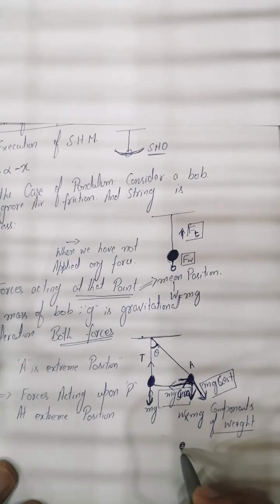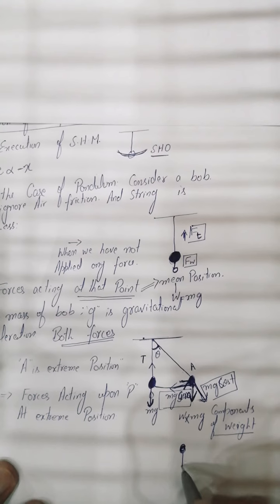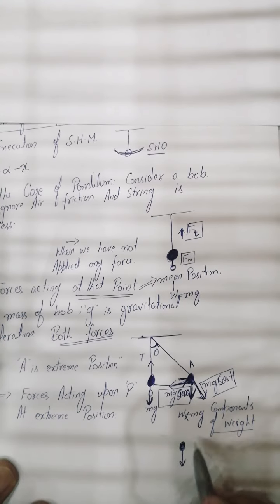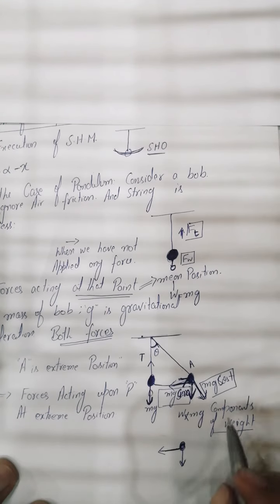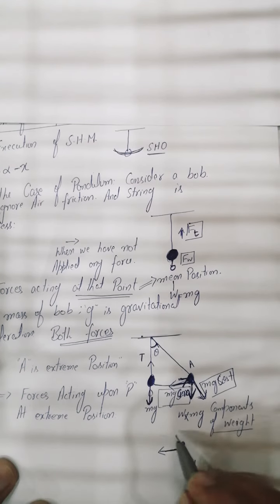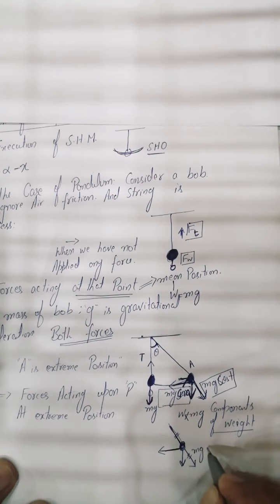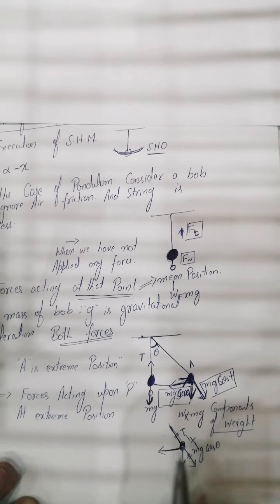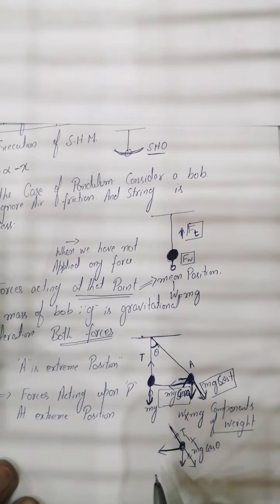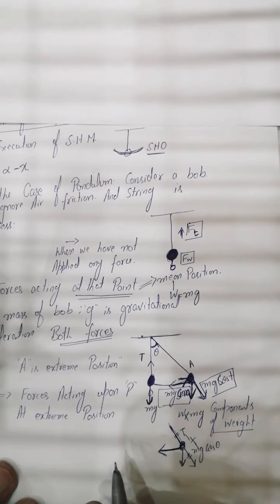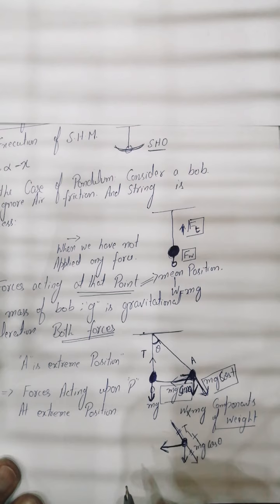The component form: this is the bob, this is the straight vector which needs to be converted into its components. इसको हमने कंपोनेंट्स में कन्वर्ट करना है. ये कंपोनेंट है जो कि इस डायरेक्शन में है, and this is the component which is straight with the string. So these two forces, component mg cos theta and the tension, are being cancelled with each other. एक दूसरे को कैंसिल कर रहे हैं. So which component of force will act on the bob? This one. This component will act on the bob.